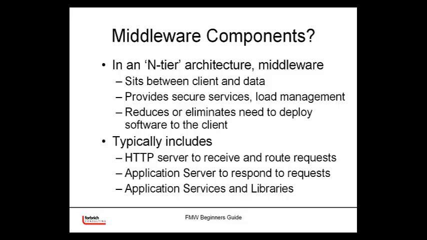So what do we mean by that? Well, first of all, we mean that this is multiple tiers. We have the data, we have the user, and between we have this tier for the middleware. It typically includes an HTTP server, in Oracle's case Apache. It typically includes an application server, such as Weblogic server in our case, perhaps application services and libraries.